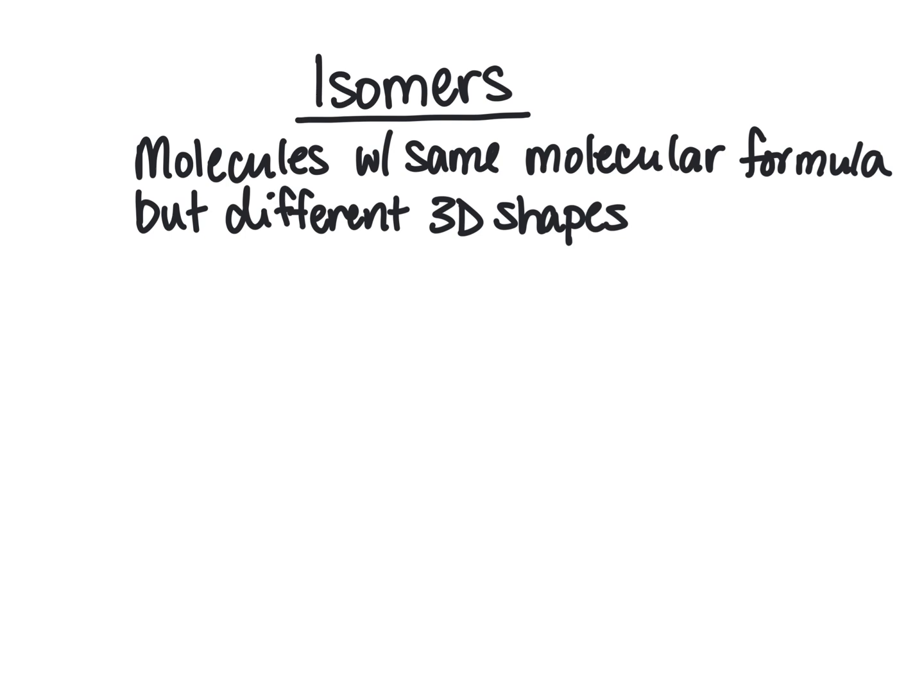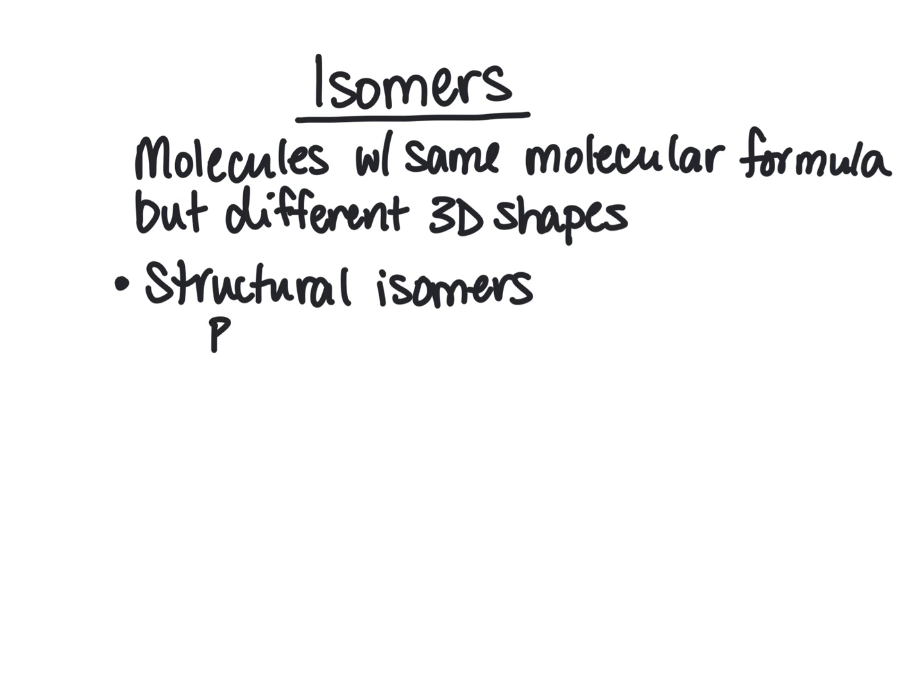So first, let's take a look at a type of isomer known as a structural isomer. The definition of a structural isomer is that these are molecules that differ in the placement of their covalent bonds. Let's take a look at an example of a structural isomer.